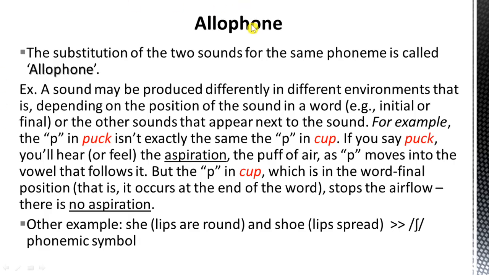The next section is about allophones. Allophones can be the substitution of two sounds for the same phoneme. For example, a sound may be produced differently in different environments, depending on the position of the sound in a word, for example initial or final, or the other sounds that appear next to the sound.